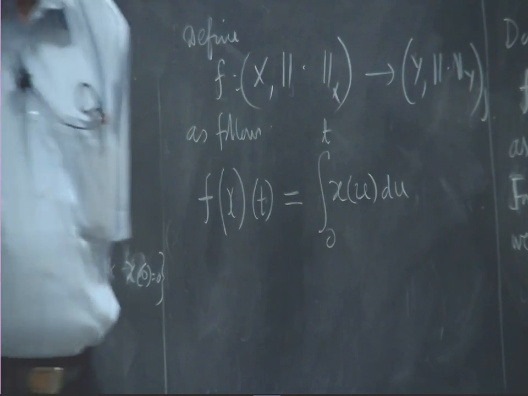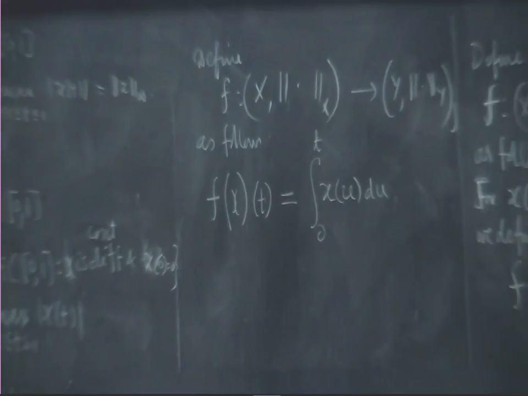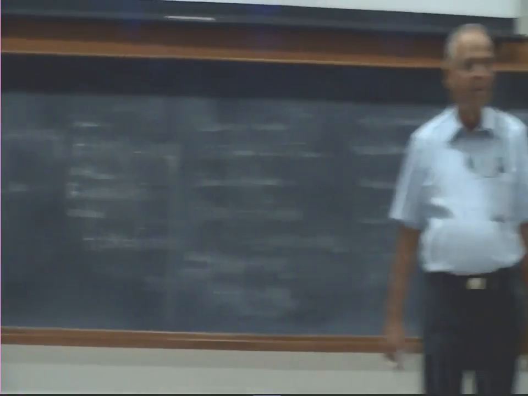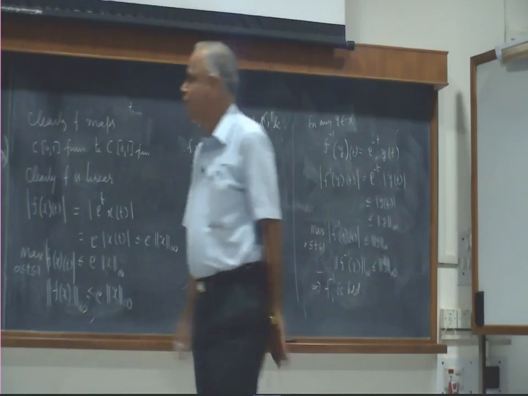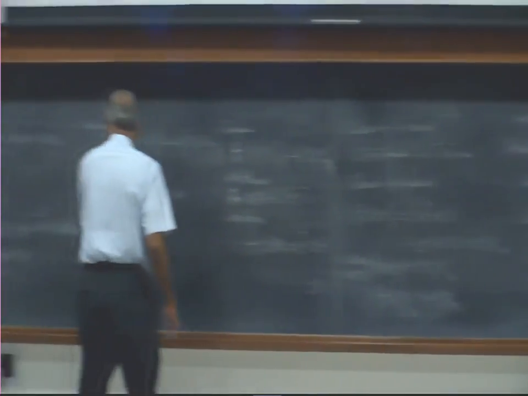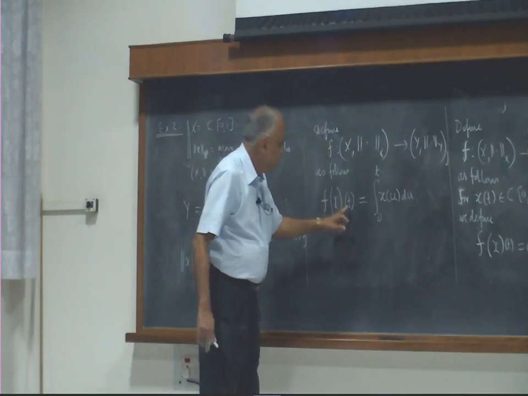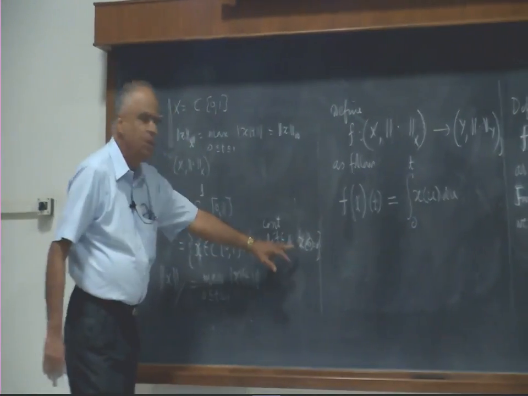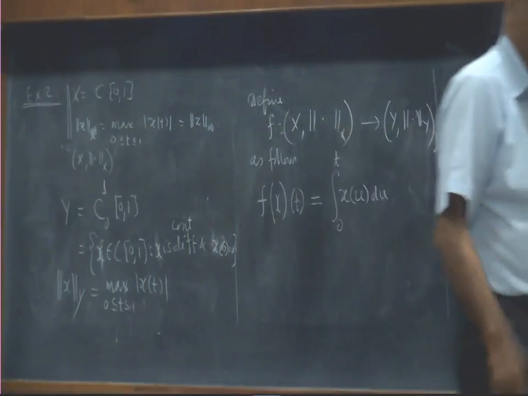Continuous functions, the indefinite integral is well defined, and the indefinite integral is much smoother. Integration is a smoothening process. You started off with a continuous function and you integrate it, the indefinite integral will be differentiable. It makes it further smooth, and therefore this definitely takes continuous functions to differentiable functions, and the coded function at the point t equal to 0 will be precisely 0, and that is the condition I want. The coded function must be in the y space, so therefore it must be 0 at 0.